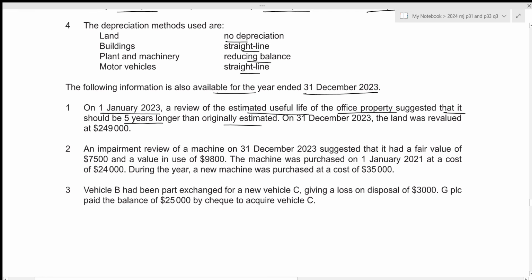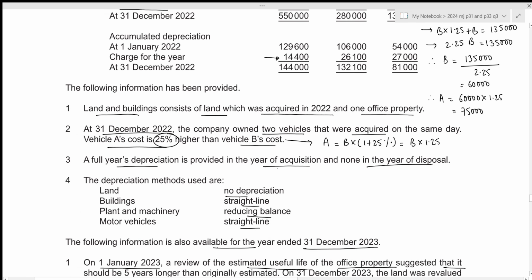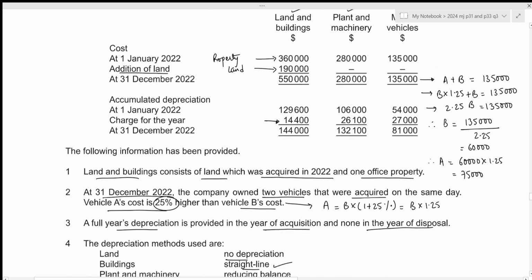Okay, let's take a look above. So the first thing we need to do is figure out the previous estimated useful life so that now we get to increase it by 5 years. And we have been given the depreciation charge for the year, which is 14,400. We also know that we apply depreciation based on a straight line method.